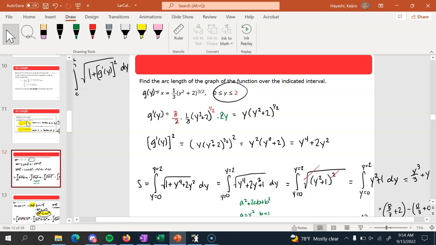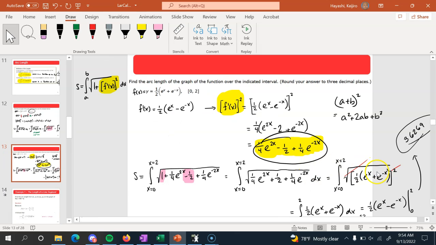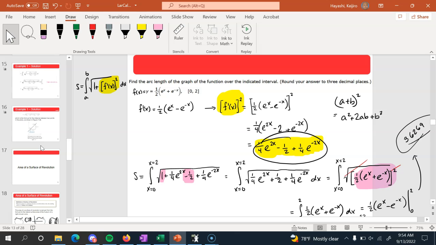So you want to express what's under the square root as a square, like here, or here, so that again you can cancel it out with the square root over the whole thing. And that's for arc length.